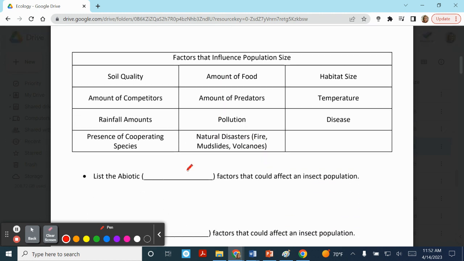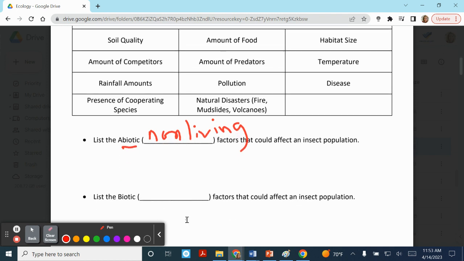Taking a look down here at the bottom, we say that these factors can be classified as abiotic factors. Now, a means anti, bio means life, so abiotic means non-living. There are non-living parts of the environment that can affect populations. And then we have the biotic factors, which means living.